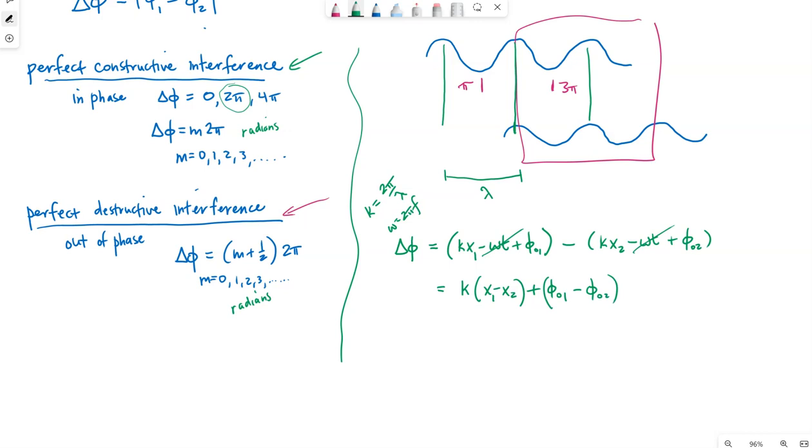We end up being able to say that this phase difference between the two waves is equal to k delta x plus delta phi naught. The delta phi naught represents the initial conditions.